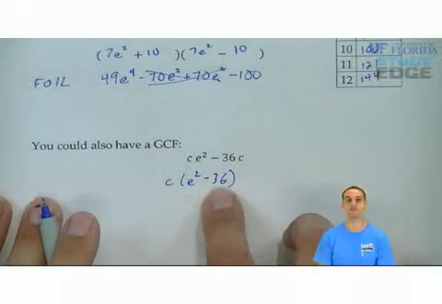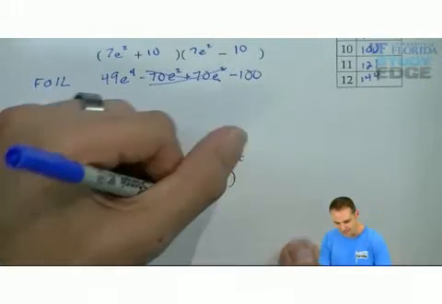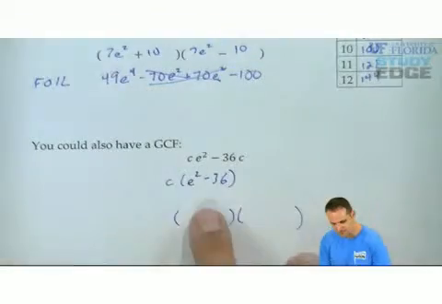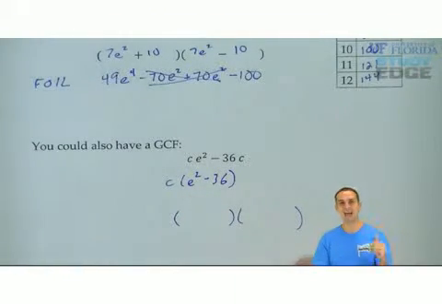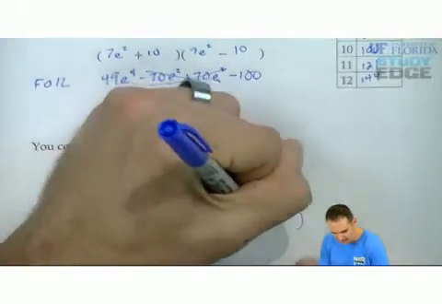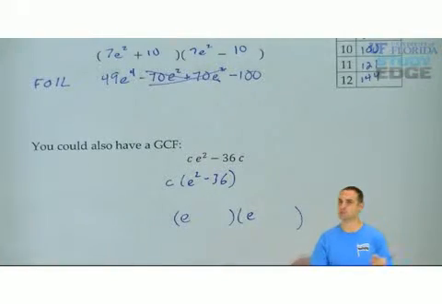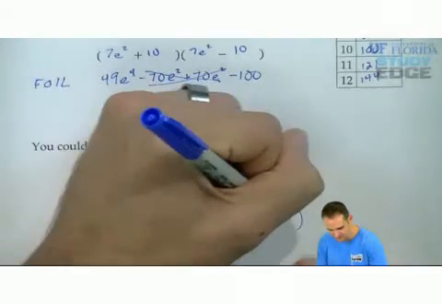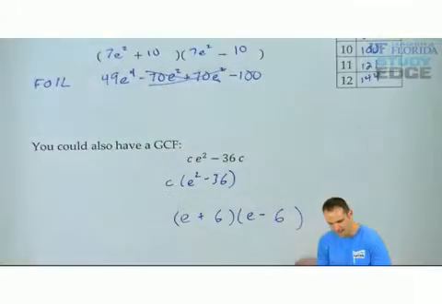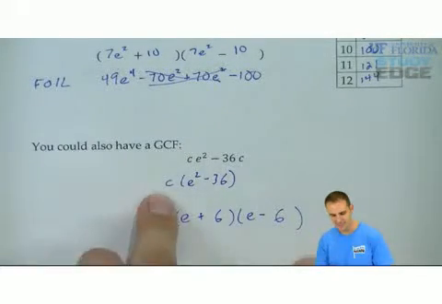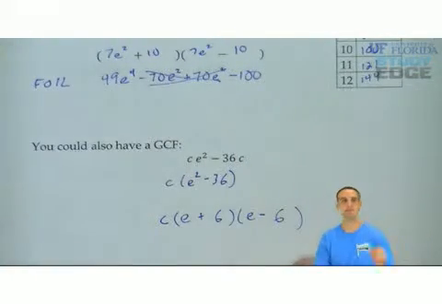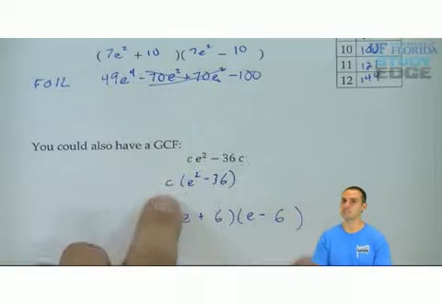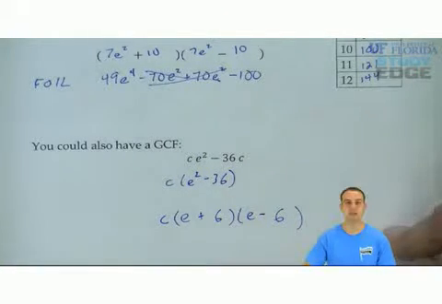And these are all perfect squares. So ready? That would be parentheses, parentheses. Instead of e squared, take half of it, which would be an e and an e. 36, the square root of that is 6, a 6 and a 6. Make one positive, make one negative. And that factor of C, you drop down. So you might have to do GCF followed by difference of squares.